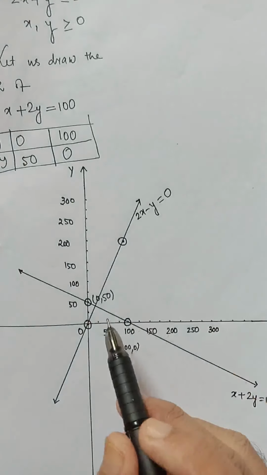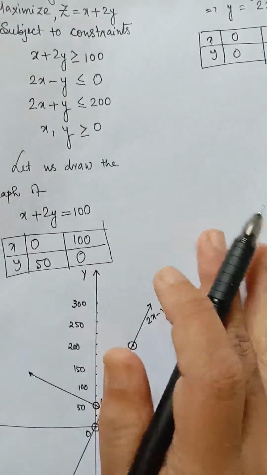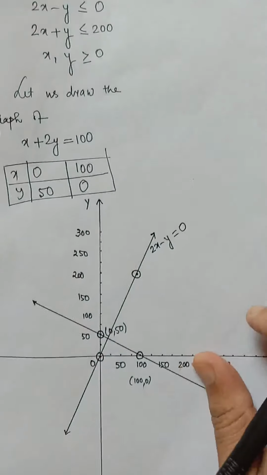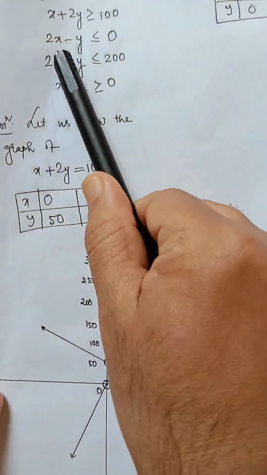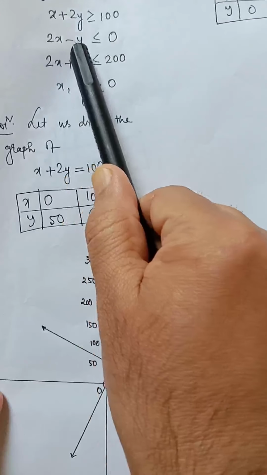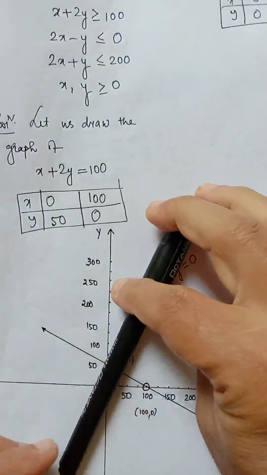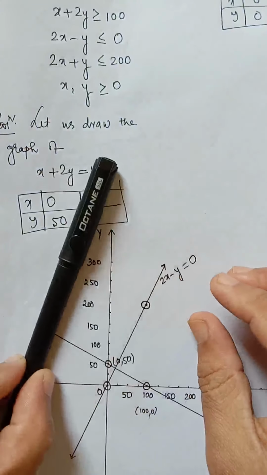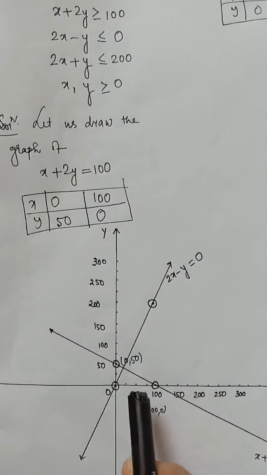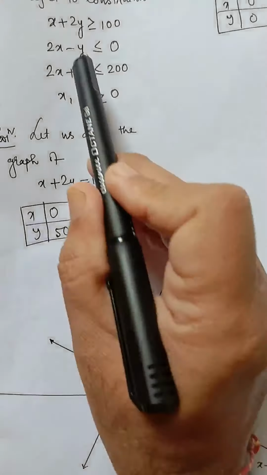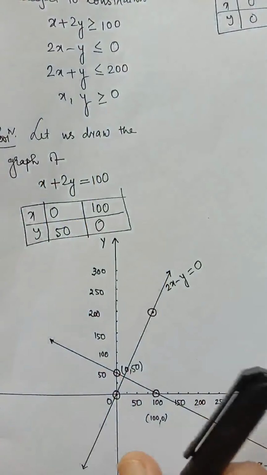So the point (50, 0) does not satisfy this inequation. That means the solution set of 2x minus y less than equal to 0 is the other half, this part, because (50, 0) does not satisfy the inequation 2x minus y less than equal to 0.